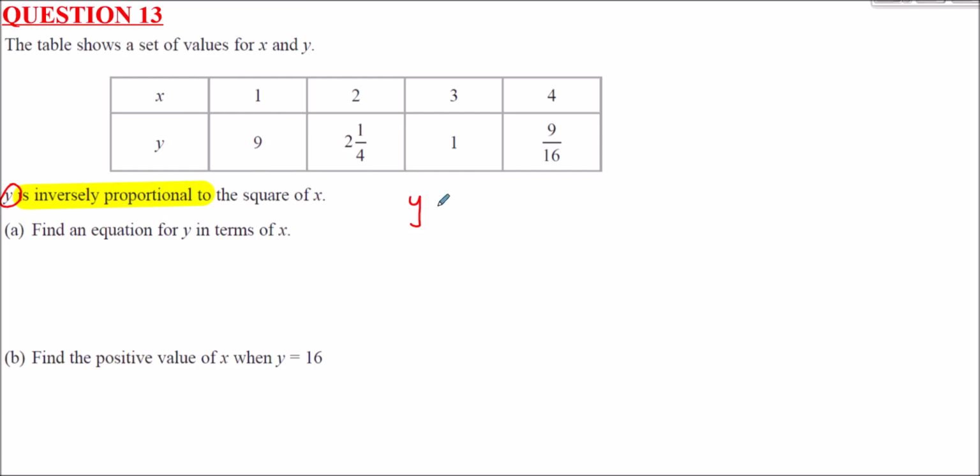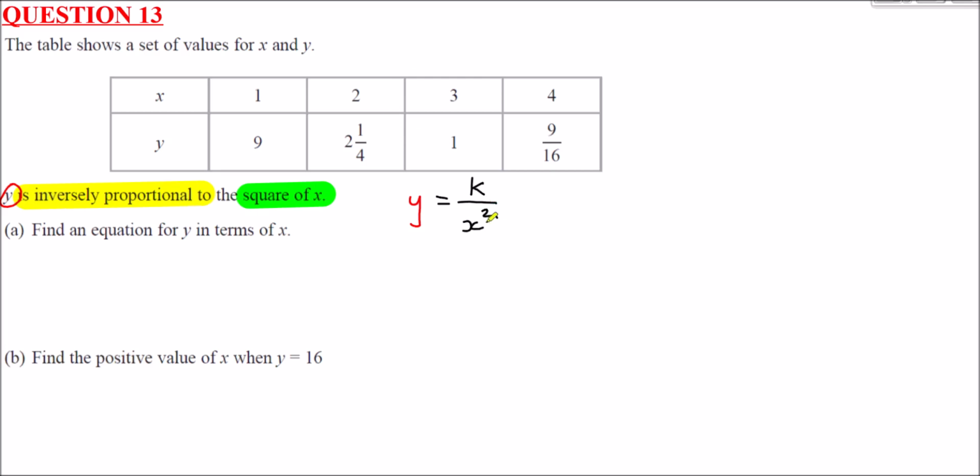Now if it's inversely proportional, y is going to equal some constant number, k, divided by what it's inversely proportional to. If it were directly proportional, it'd be this constant times a number, but because it's inversely proportional, it's this constant divided by whatever it's proportional to. So it's inversely proportional to the square of x, which is another way of saying x squared.